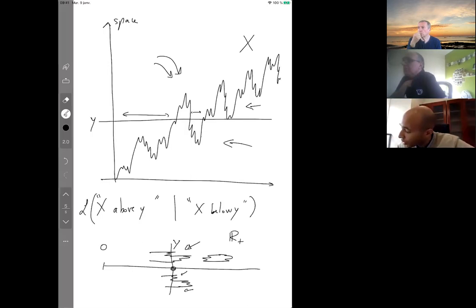So I'm just interested in the picture above y, meaning I'm looking at the excursions above level y and at loops with minimum greater than y. And I'm saying that the law of this picture, the law of the excursions and the loops with minimum greater than y, conditionally on the local time at y, is independent of what happens below level y.